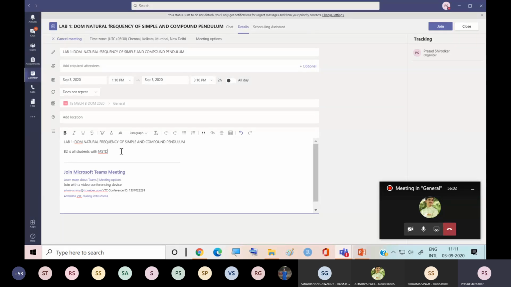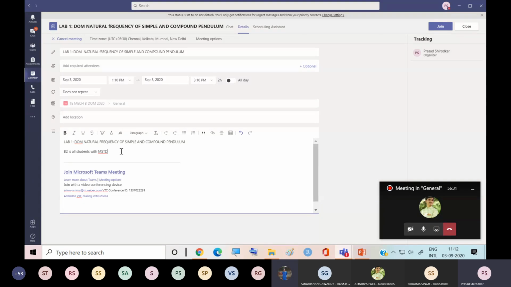Right now the separate teams for the B2 and B1 batches have not been created, so I have scheduled the DOM practical for the entire class. That doesn't mean the entire class has to attend it. Only the MSTD students in the B2 batch have to attend the DOM practical. Is that clear? The rest of the students have to attend the other practical.